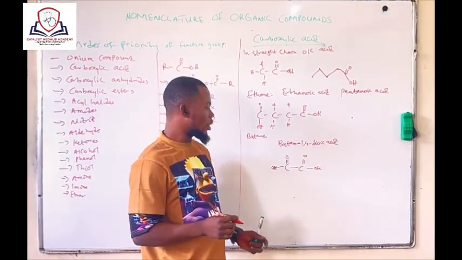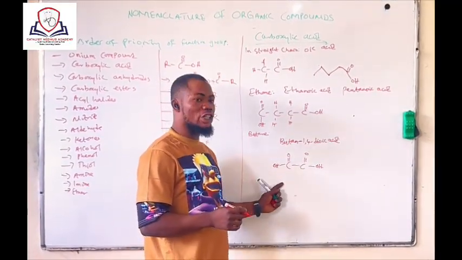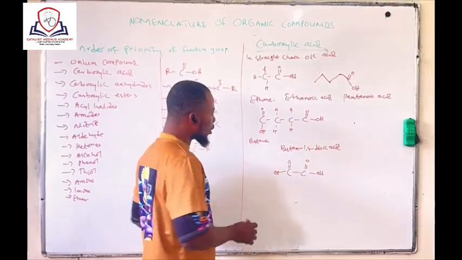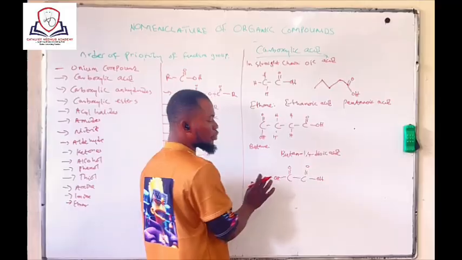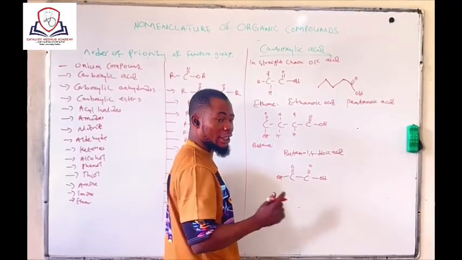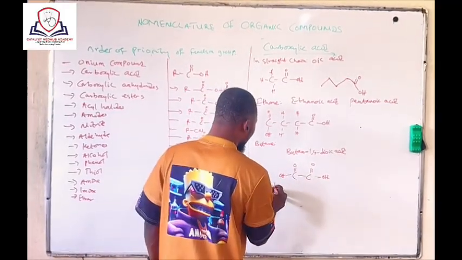Another example, you can have something like this. Each carbon is carrying the carboxylic functional group. So in this case, you have ethane as the parent name. But since we have a carboxylic functional group, it changes to noic acid.